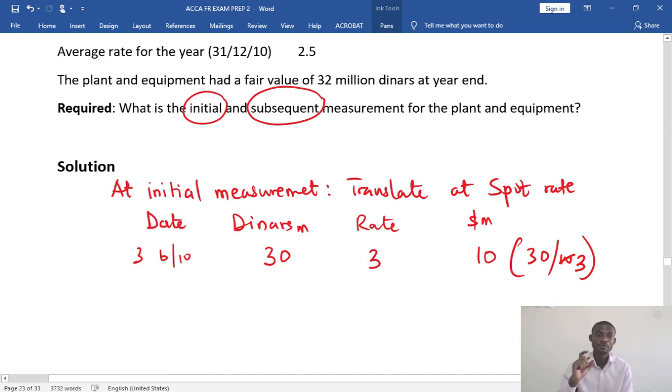Now, note that for the subsequent measurement, the amount of the asset under the cost model is not retranslated.